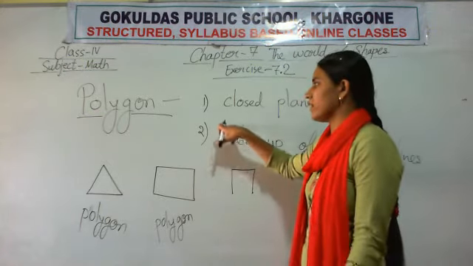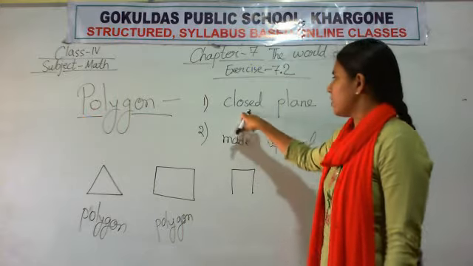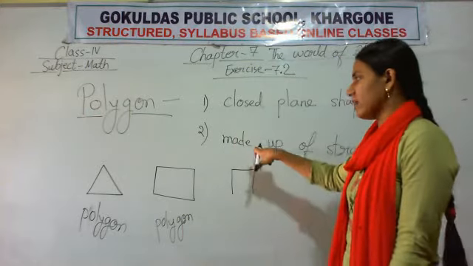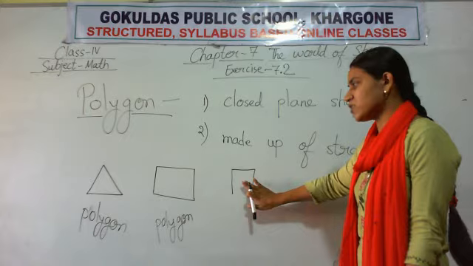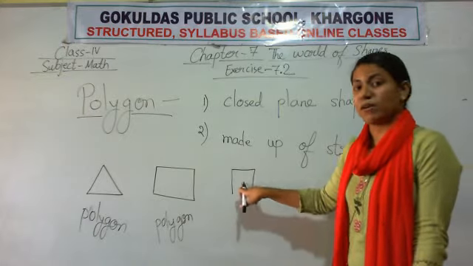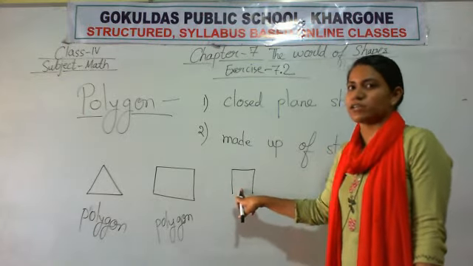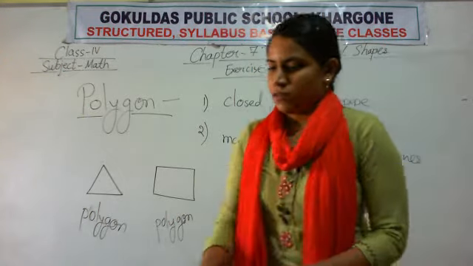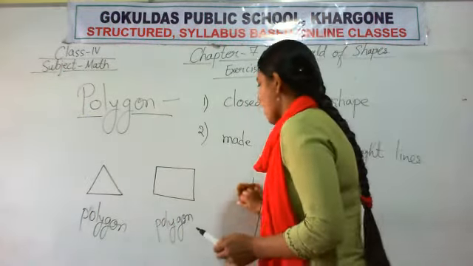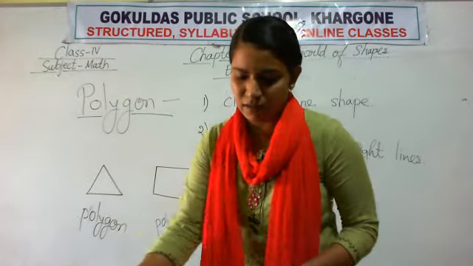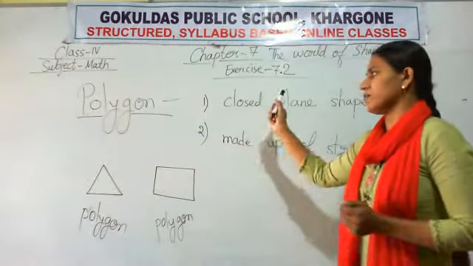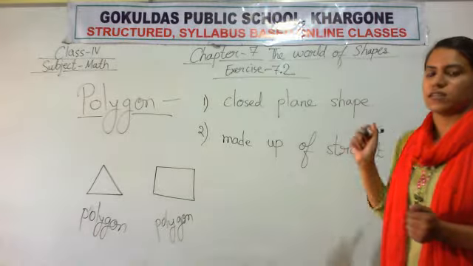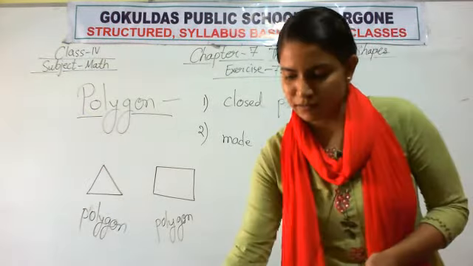Because to be a polygon there are 2 conditions: the figure must be closed and made up of straight lines. It is made up of straight lines, but it is not closed. That is why it is not a polygon. So I hope you understand what a polygon is. A closed figure made up of straight lines is called a polygon.